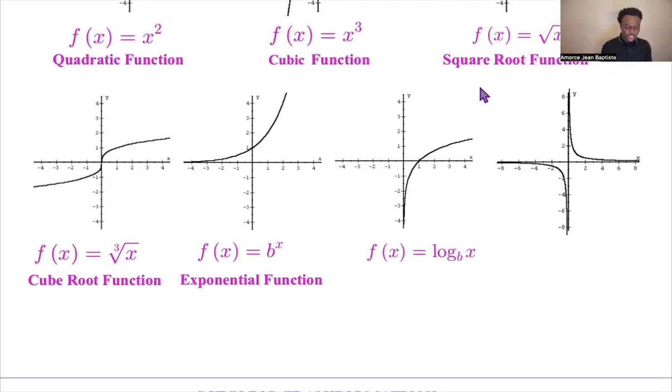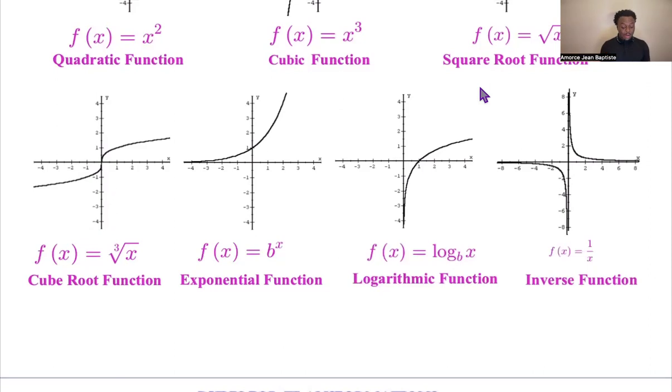Logarithmic function. And then the last example that I want to show you is this curve from the parent inverse function, whose equation is f of x equals 1 over x.